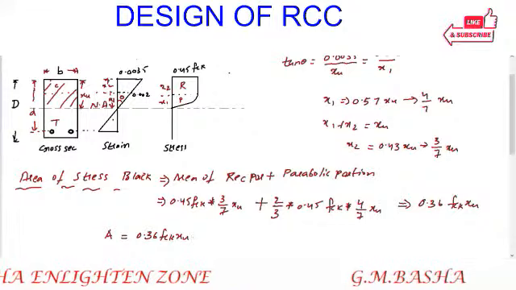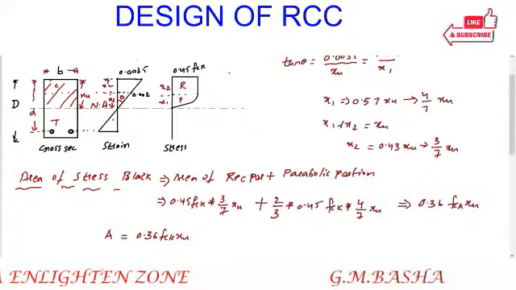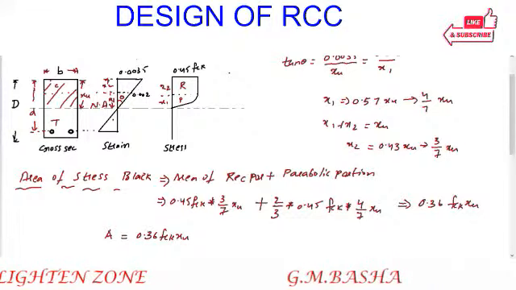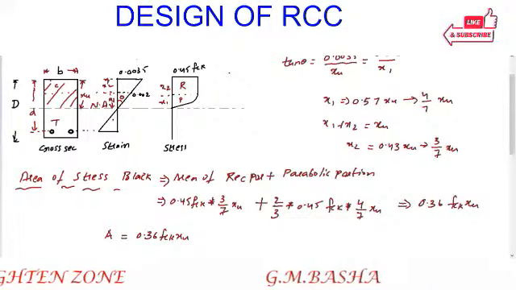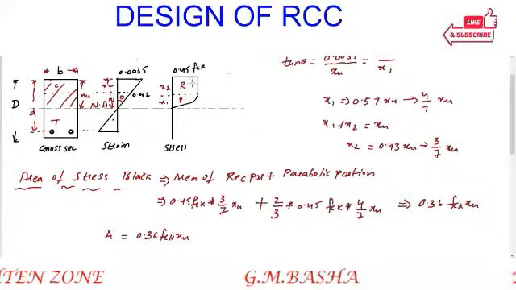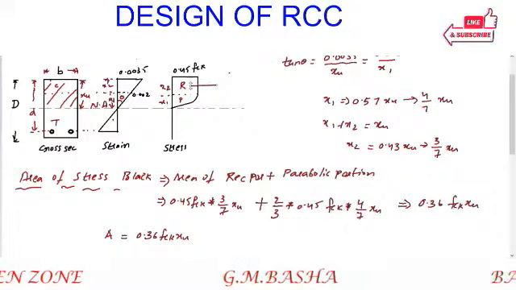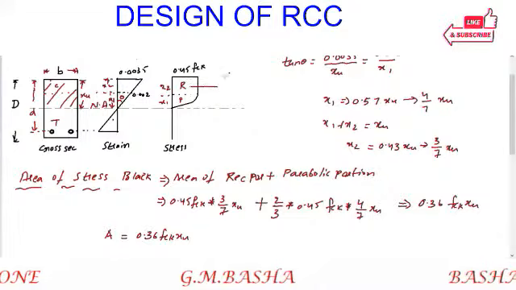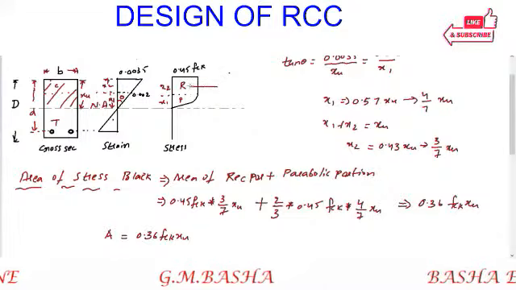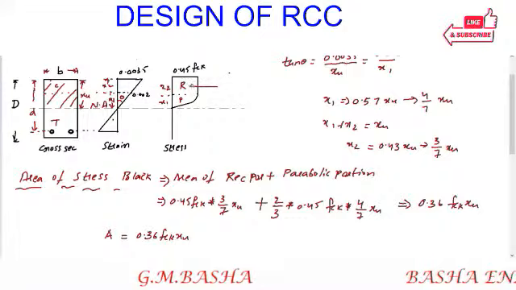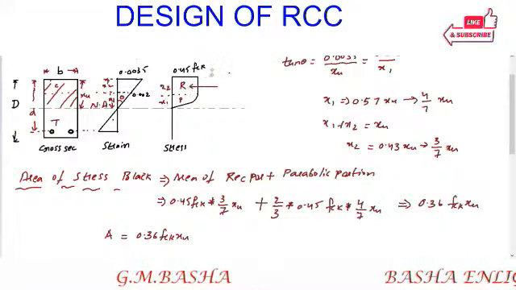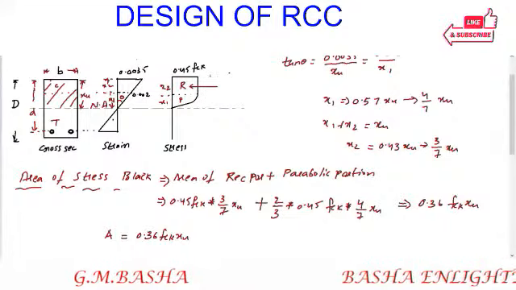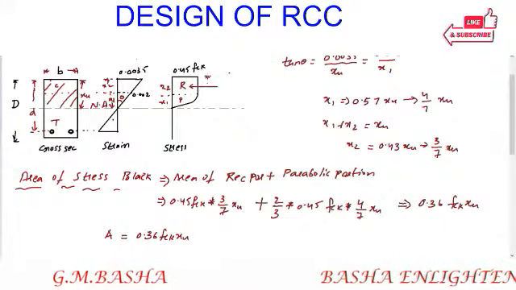Next we are going to find the distance of the centroid of the stress block from the top fiber. At what distance is the centroid positioned in this stress block? For that we take the distance y, or y bar.